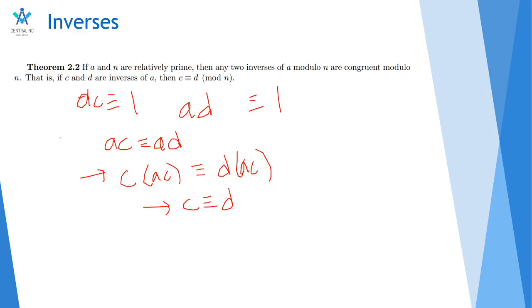It's basically just a method to find large inverses, and it does use the Euclidean algorithm, which we're going to cover in the next slide. And that was all. So let's move on.